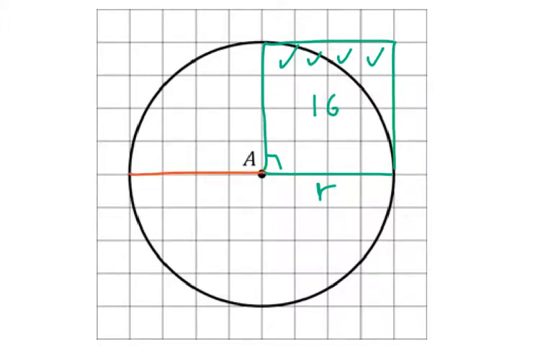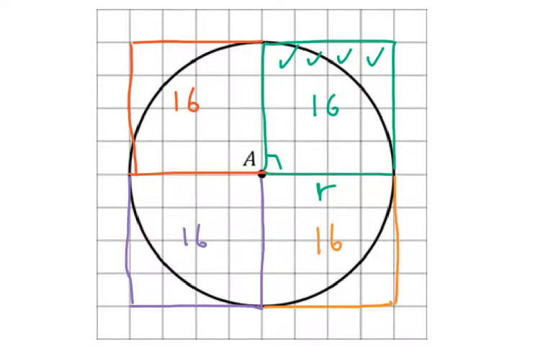If we continue drawing those squares around the rest of the circle, we simply get a repeat of those various squares, all in this example covered by 16 square units. And ultimately, if we were to calculate this area, we just have 16 square units times 4 of these radius squares, and we'd have that total area of 64 square units.